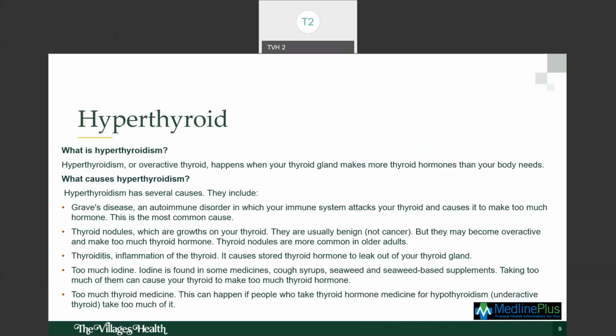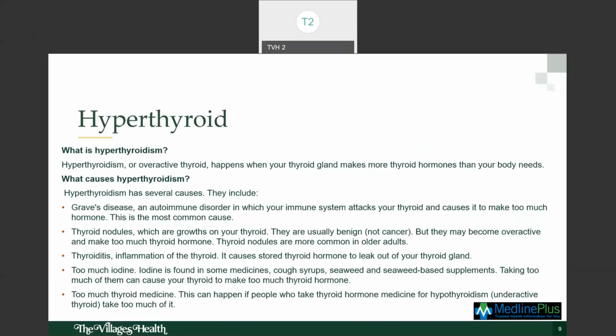So again, this is something that your doctor is going to be doing those routine screenings and monitor your health, check your levels, and make sure that there's nothing changing. But another cause for hyperthyroidism could be thyroiditis. This is an inflammation of your thyroid gland. So this can cause stored thyroid hormone levels, some of your hormone in the body, to actually leak out of the thyroid gland. And then the inflammation would occur, which then your levels could be thrown off.